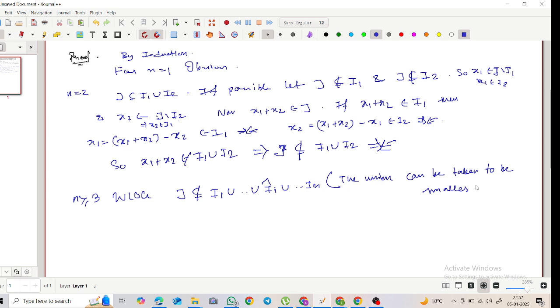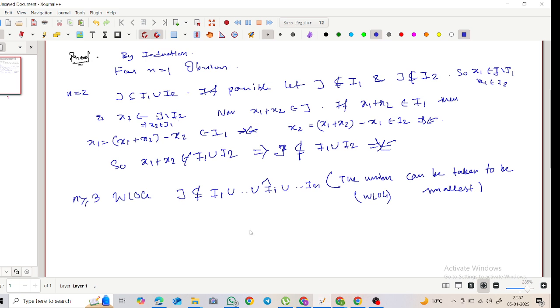By that I mean that J is in the union of n ideals and J is not contained in any union of n minus 1 ideals among them. Basically, we say that J intersects all the ideals. If J doesn't intersect some ideal, just remove it from the collection. So without loss of generality we can take the collection to be the smallest.